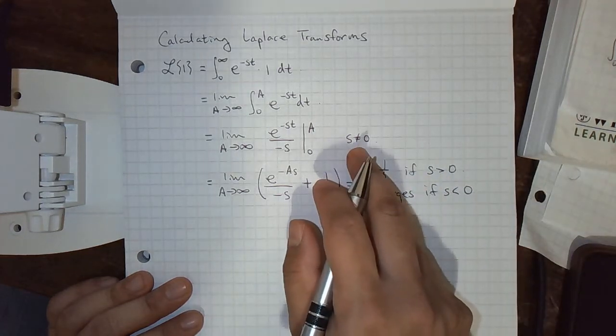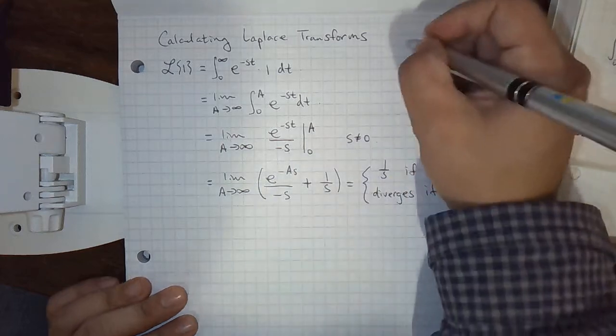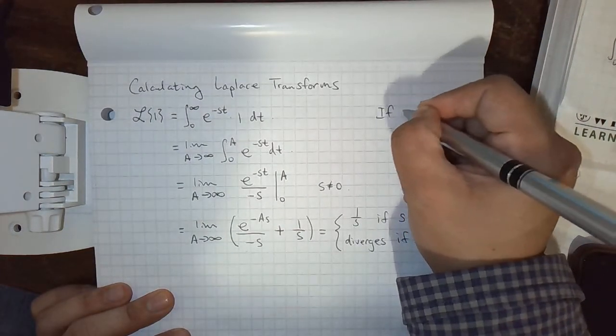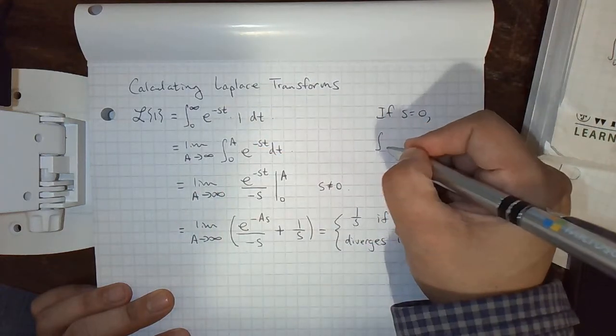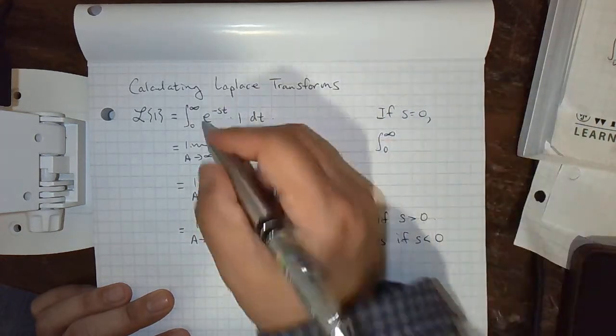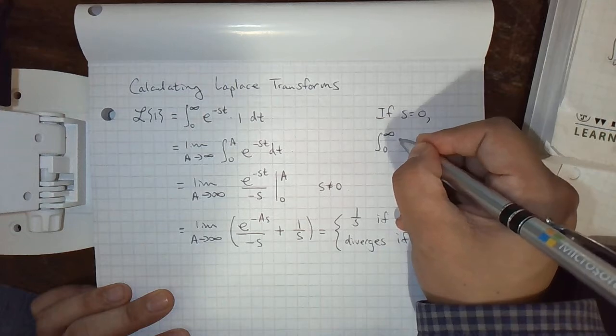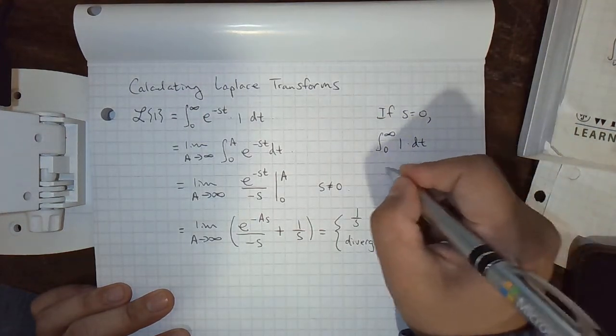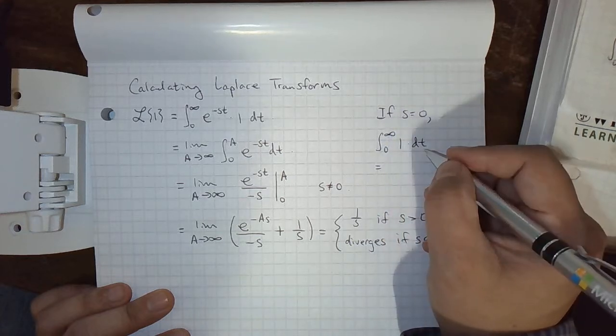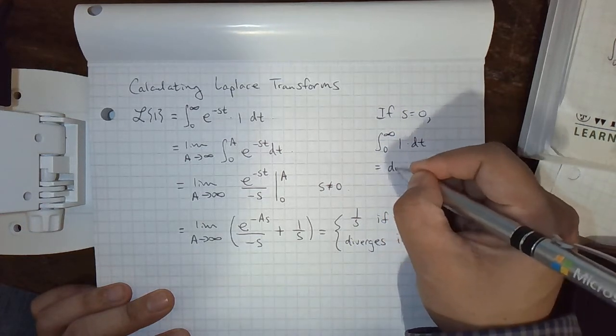Now let's check s equals 0 separately. If s equals 0, we have the integral from 0 to infinity of e to the 0 times 1, so that's a total of 1 dt. This is an improper integral we can evaluate, and it will diverge.